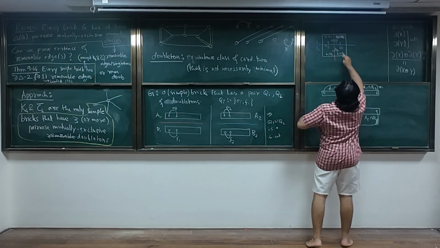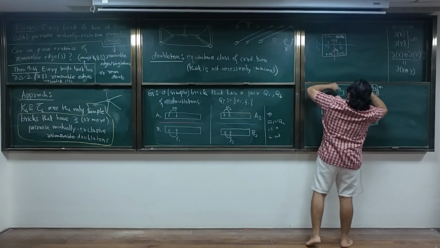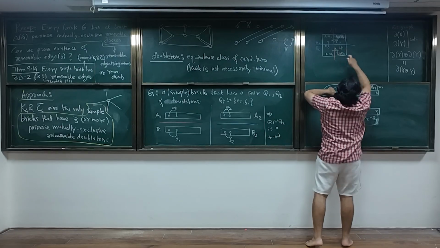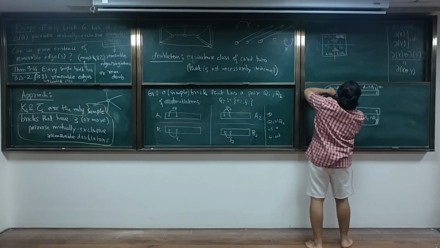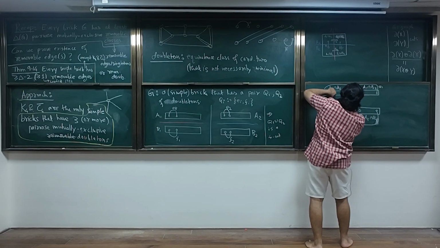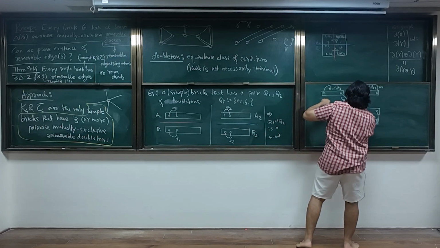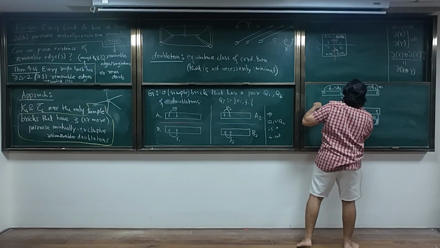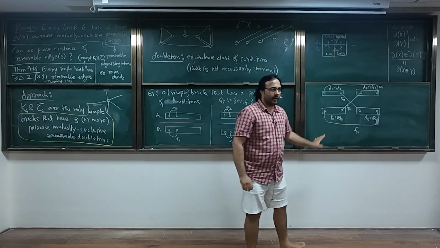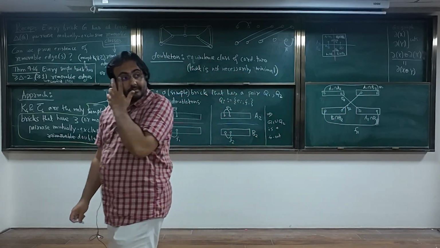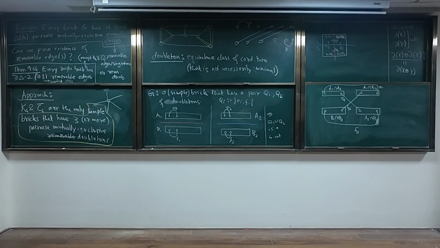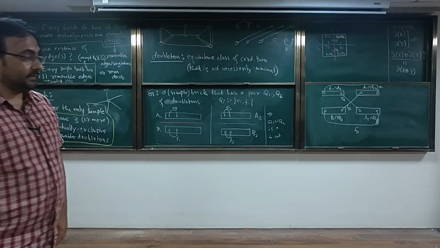E2 goes from A1 intersection A2 to A2 intersection B1. And F2 goes like this. This looks more like a cut, yeah? All good? This is our graph.